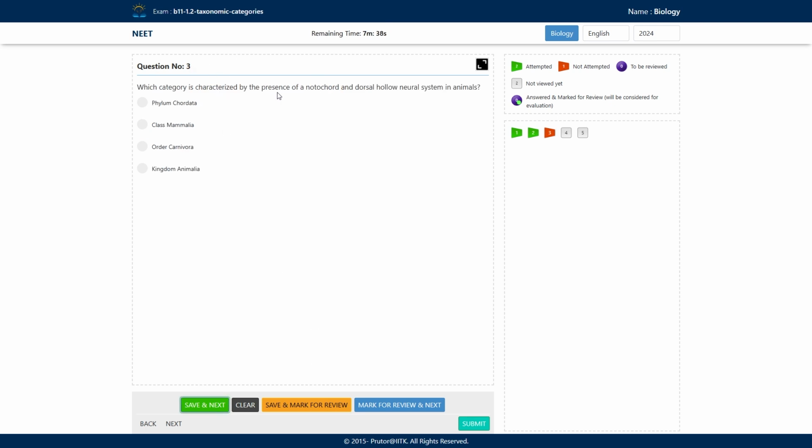Now, which category is characterized by the presence of notochord and dorsal hollow neural system in the animals? What are the options? Phylum Chordata, class Mammalia, order Carnivora, and kingdom Animalia.